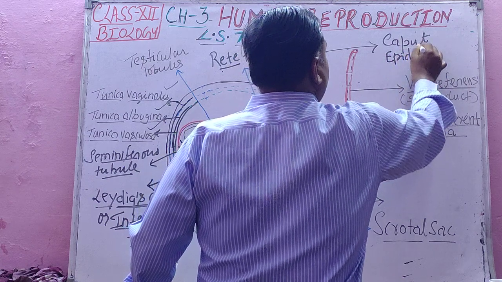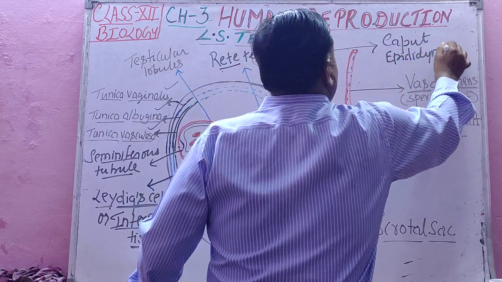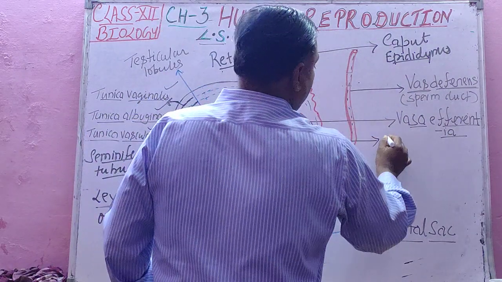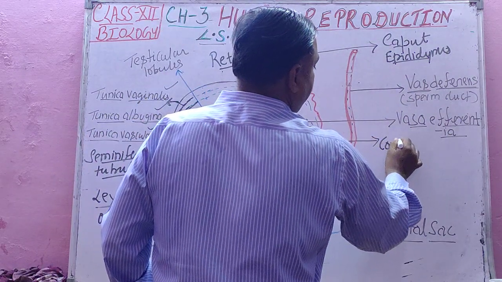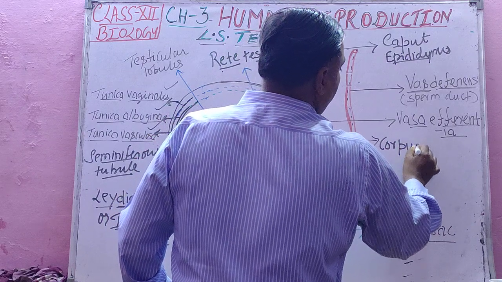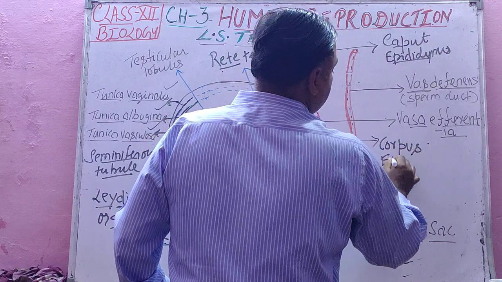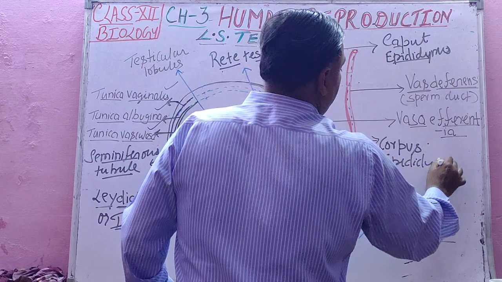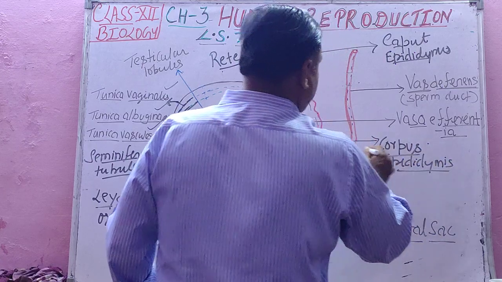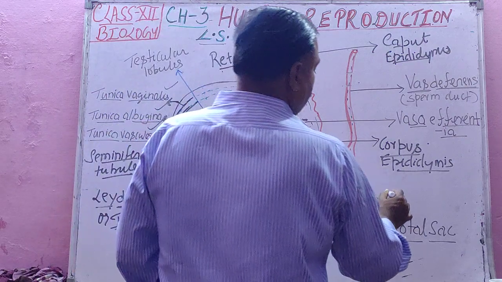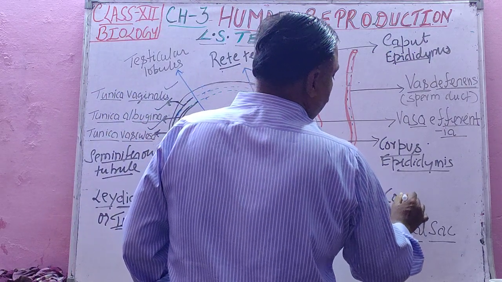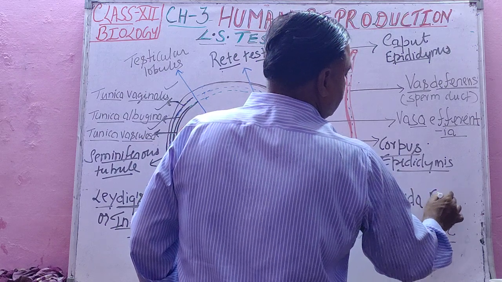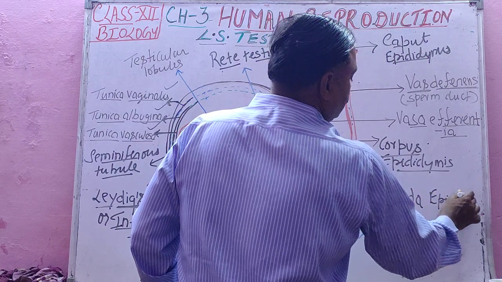Then this main body is called corpus epididymis. Corpus means body. And the last part, tail region of the epididymis, is called cauda. Cauda means tail part. Cauda epididymis.